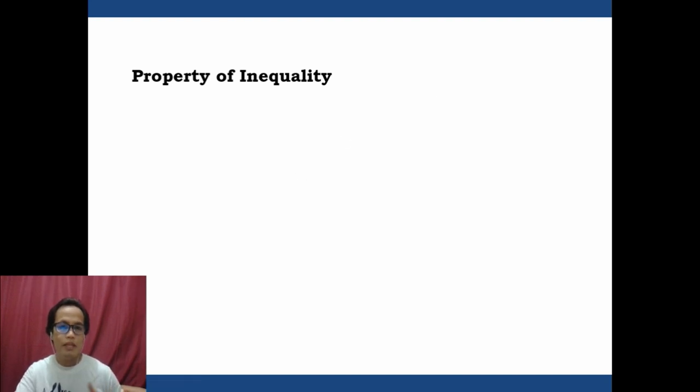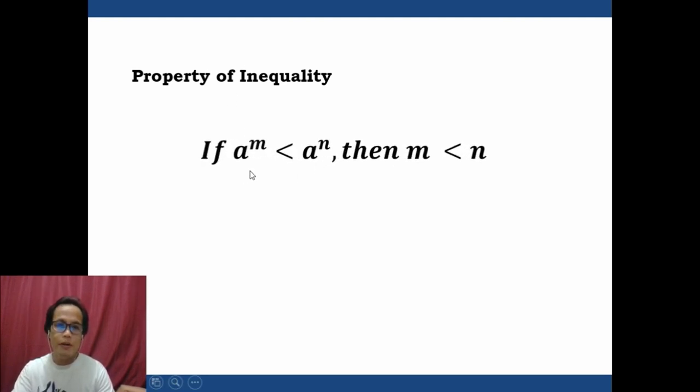Mao ni ang atong basihanan sa pag-solve sa exponential inequality. If a raised to m is less than a raised to n, then m is less than n. Ato ning sabton kini nga property sa atong mga examples.